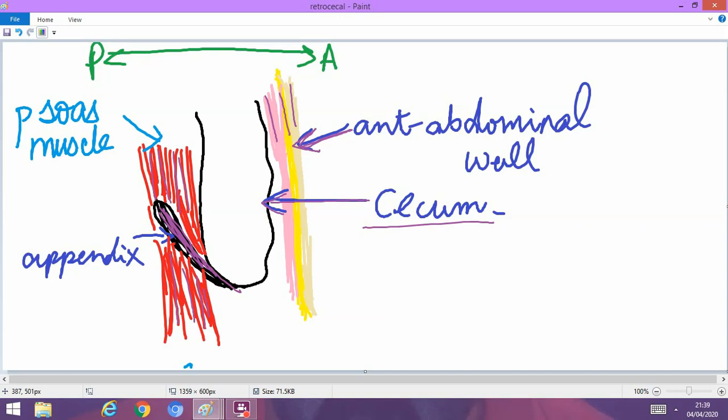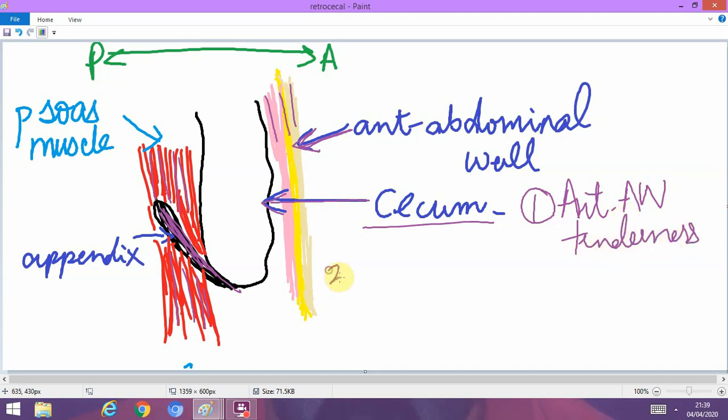In this diagram, it is very clear that the rigidity and tenderness will be absent because of the gas in the cecum that prevents the peritoneum from reaching the inflamed structure. Because of that, you can easily write that the first sign will be absence of anterior abdominal wall tenderness.